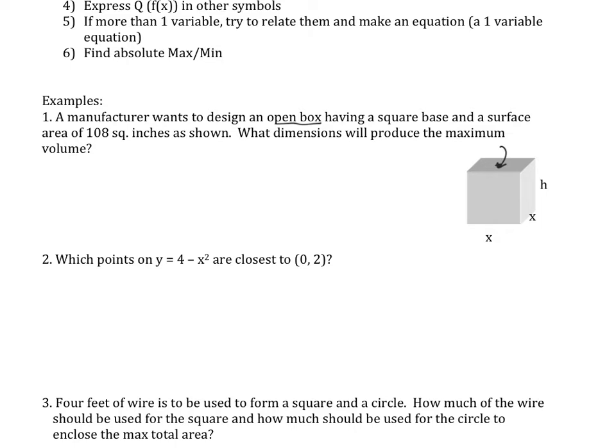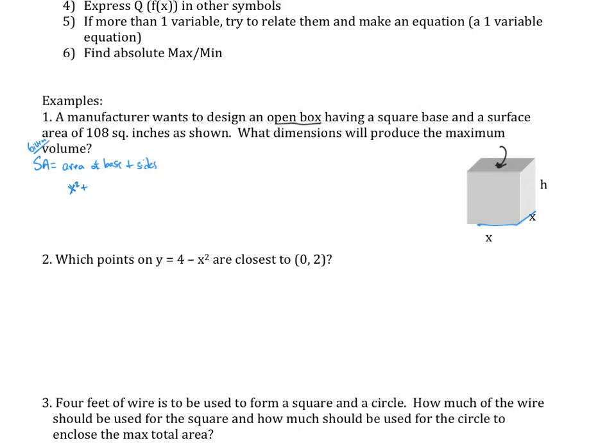So the surface area on this, and I'll list all my givens again. We're given the box, and the surface area is the area of the base, and there's only one base, plus all the sides. So we can express this as x by x, x squared, plus all the sides here.